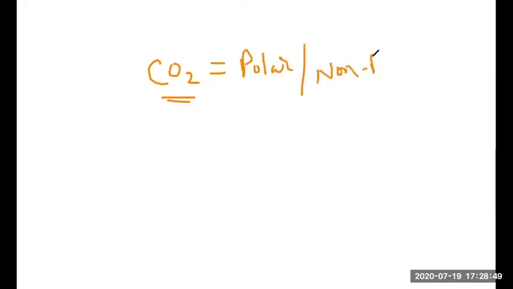Let's say carbon dioxide, this is a gas. If I ask you whether this carbon dioxide molecule is a polar or non-polar molecule, how would you determine? I'm talking about the entire molecule, not the bond. That you can't get from the electronegativity table.